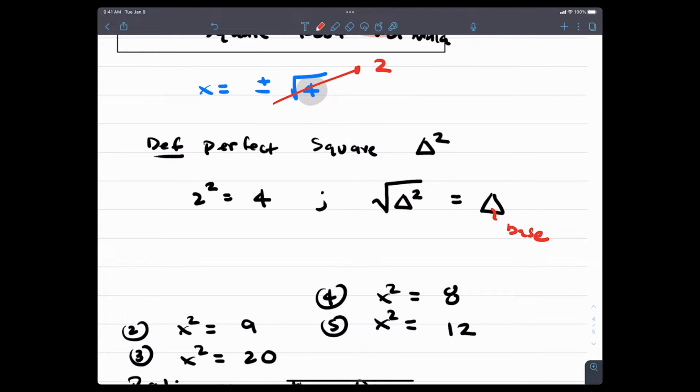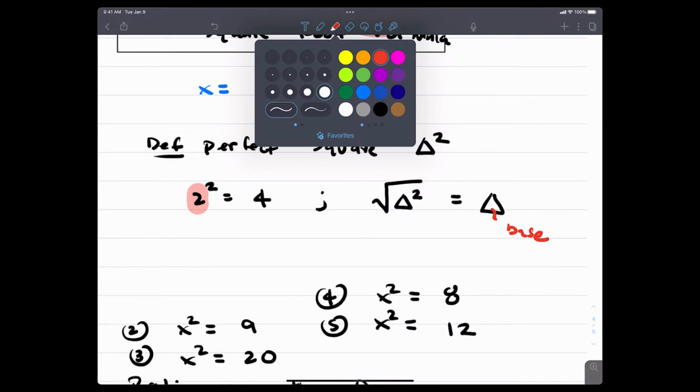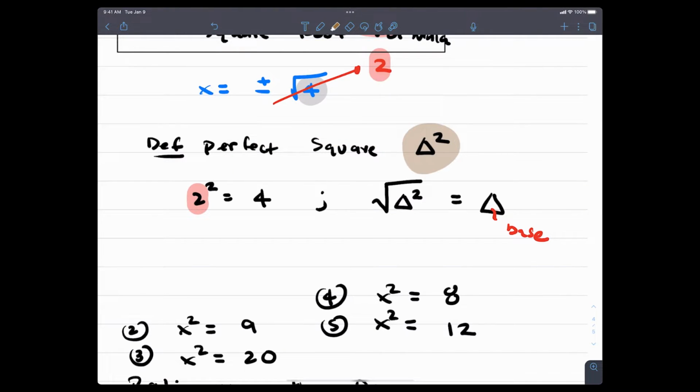The base is 2. So this is why your answer is 2. Perfect squares are anything that looks like that. When you take the square root of it, the answer is the base.